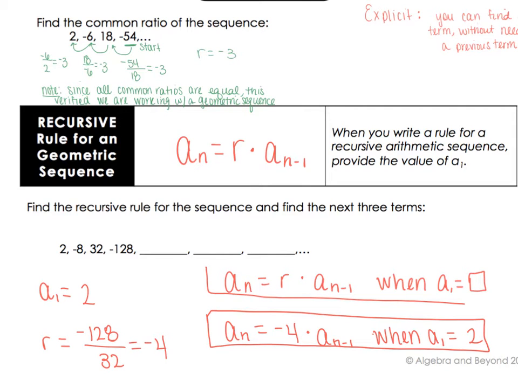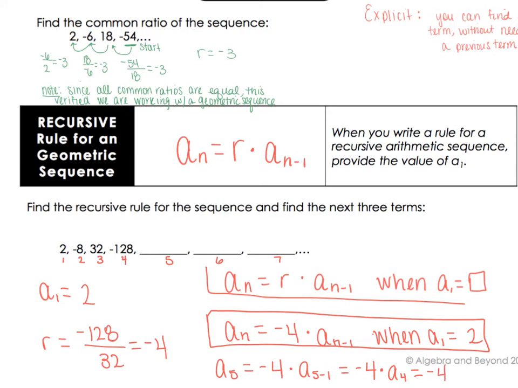We can figure out the rest of these values here. So for instance, this is when n equals 1, 2, 3, 4, 5, 6, and 7. So if I were trying to find a sub 5, I would do negative 4 times a sub 5 minus 1, which is negative 4 times a sub 4, which is the previous term.